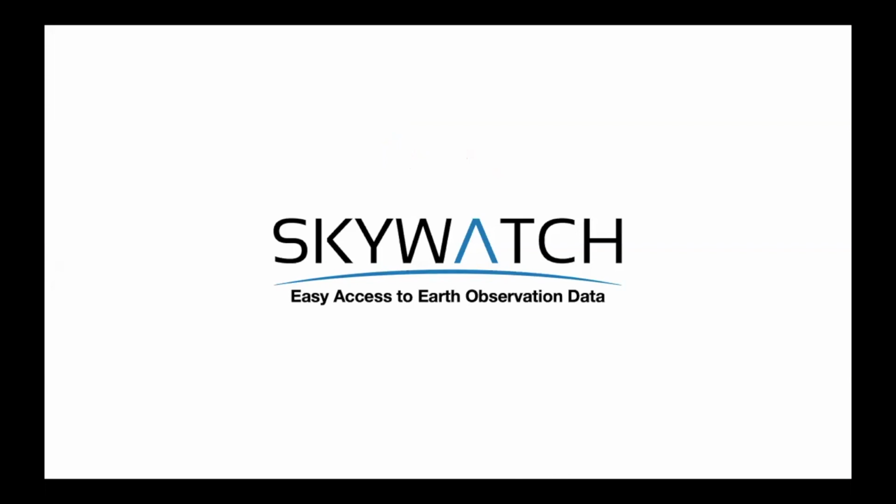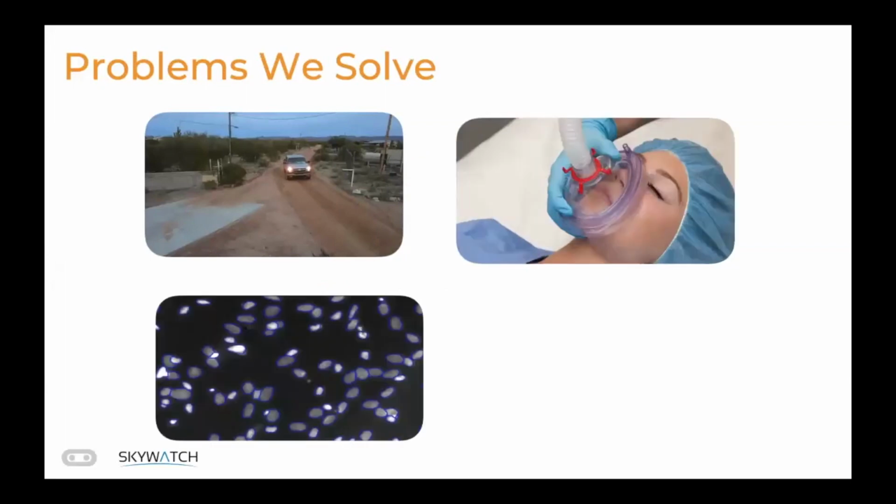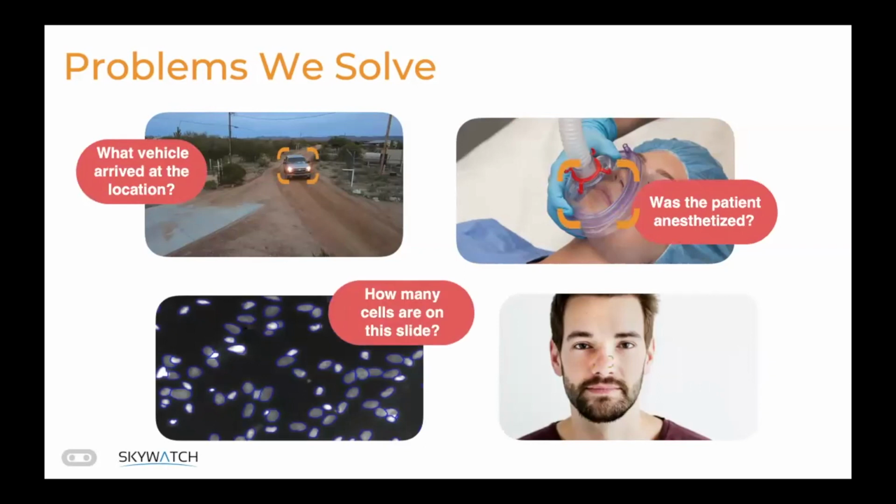So welcome to everybody. The problems that Chooch solves are things like, what vehicle arrived at this location, or how many cells are in this slide, or was the patient anesthetized, or should we give this person access? What all of these use cases have in common is that the AI has been trained with objects.